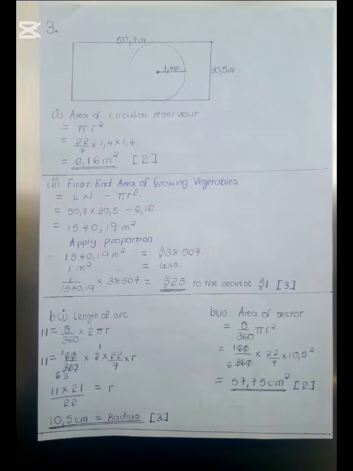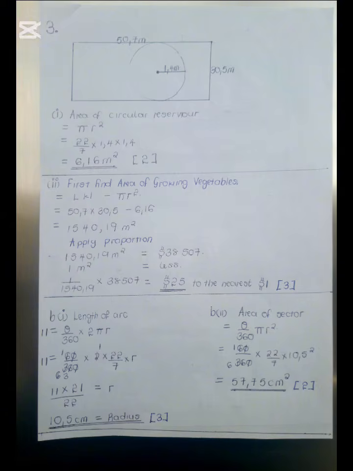It is going to be length times width minus pi r squared. So length times width, it is 50.7 times 30.5. We get 1,514.19 square meters after we deduct the area of the circle from the area of the rectangle.